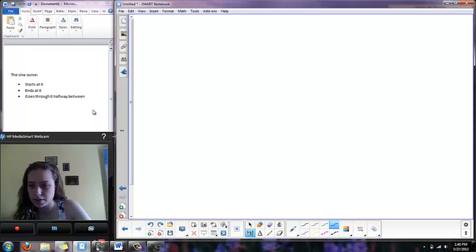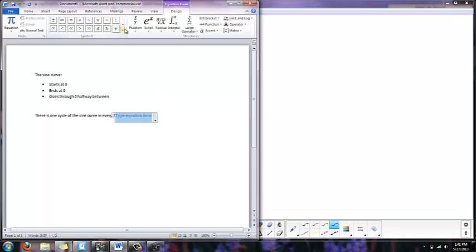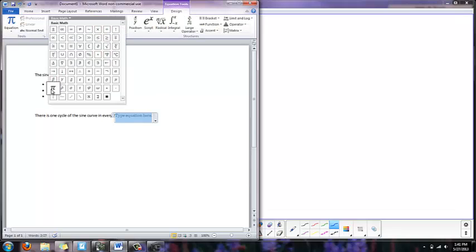Let's see what else Miss Tompkins has written out here. She has, these are part of the notes, that there is one cycle of the sine curve in every 2 pi radians.